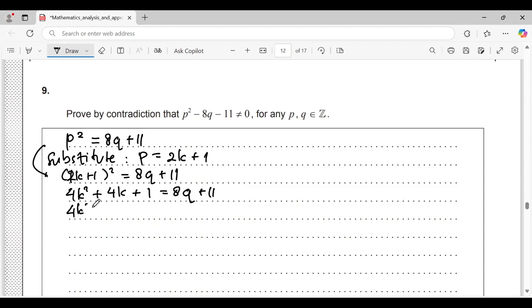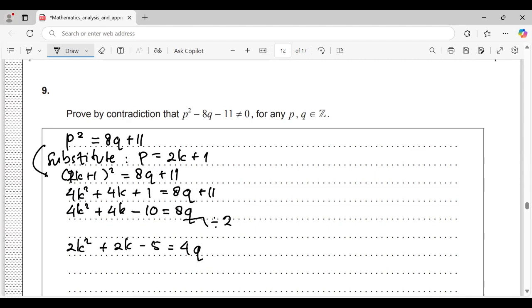It becomes 4k squared plus 4k plus 1 minus 11, minus 10, equals 4q. And all terms divided by 2: 2k squared plus 2k minus 5 equals 2q.